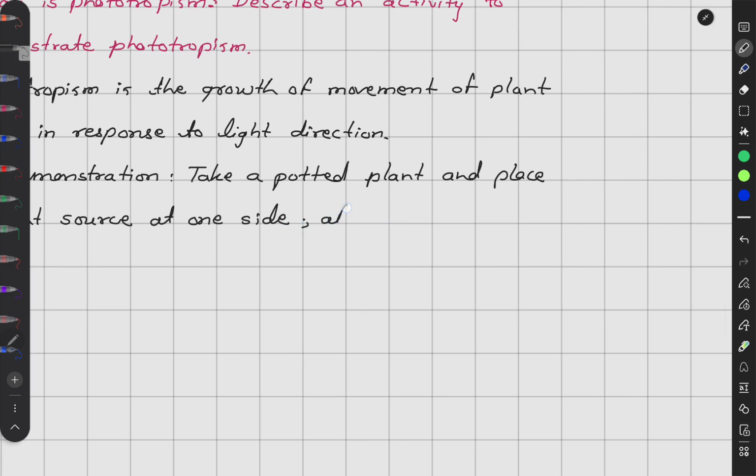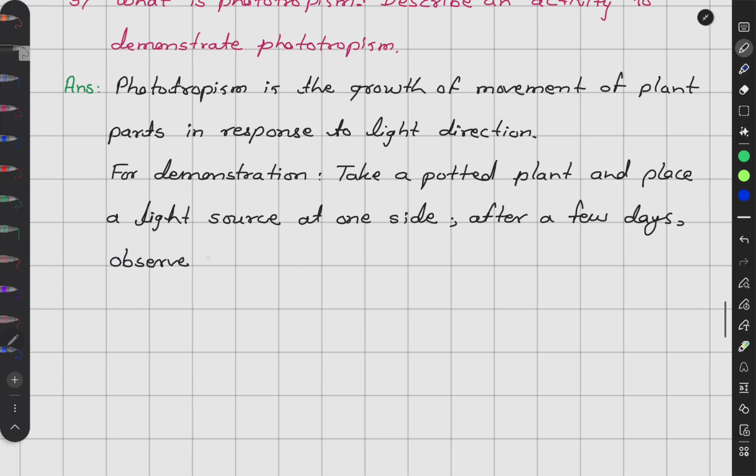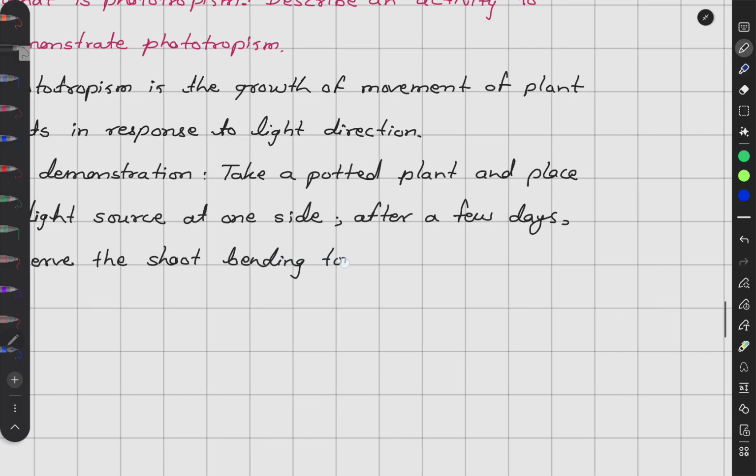After a few days, observe the shoot bending towards the light.